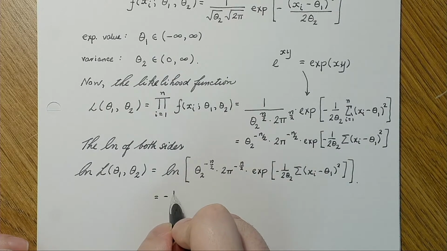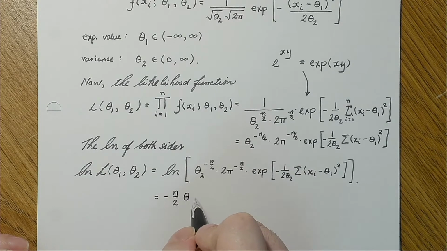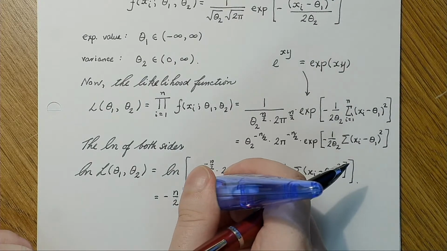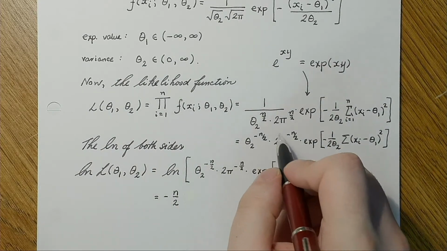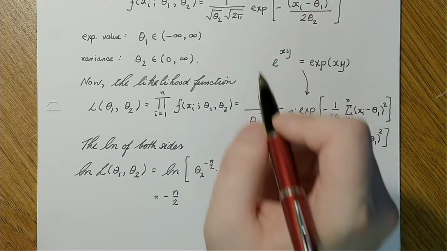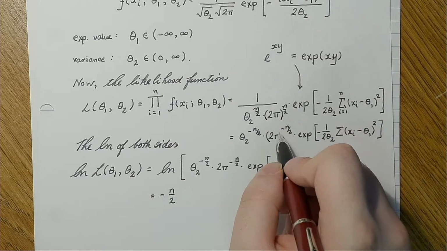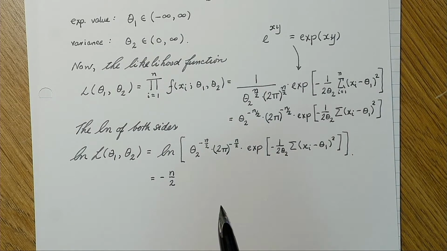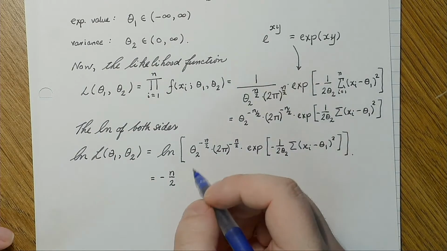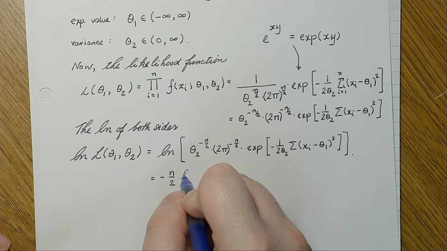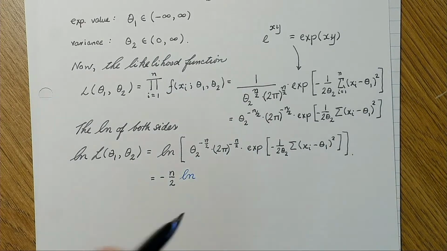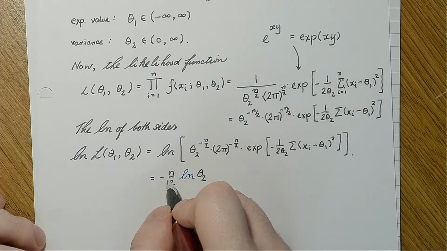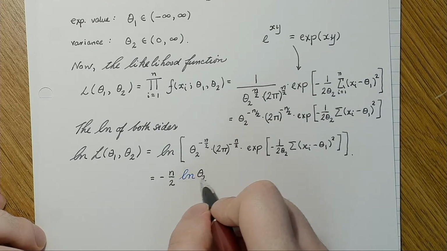So I'm left with negative n over 2, because I had written it as the square root of 2 pi. So I have minus n over 2 ln 2 theta.